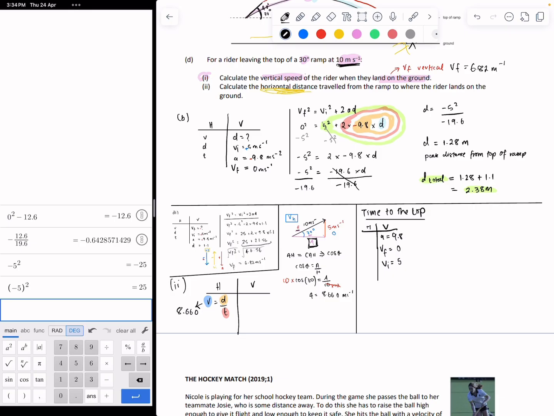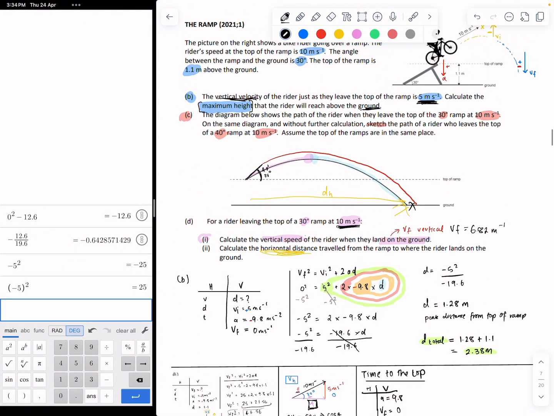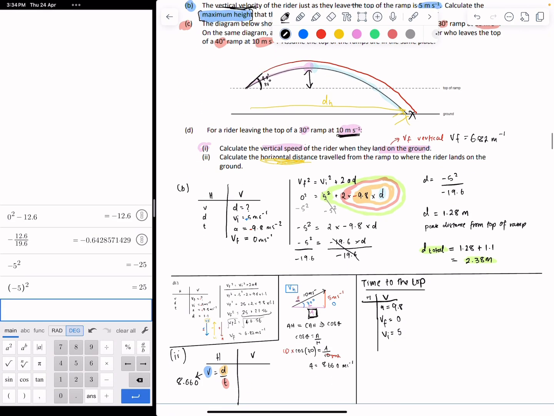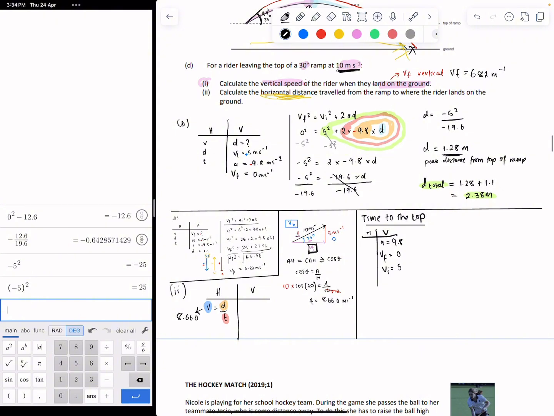And what else do we know? We know that the maximum distance from the ramp to the top is going to be 1.28, because we're trying to figure out the time from the ramp to the top, not from the ground to the top. So distance is 1.28. The thing that we want to figure out is time to the top.